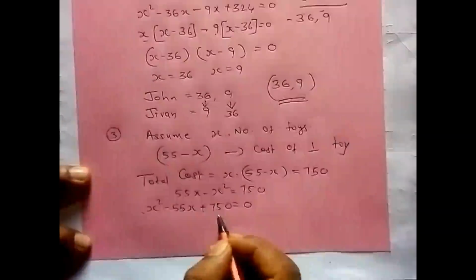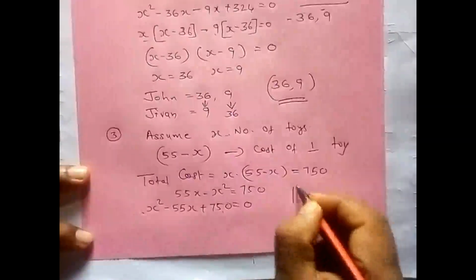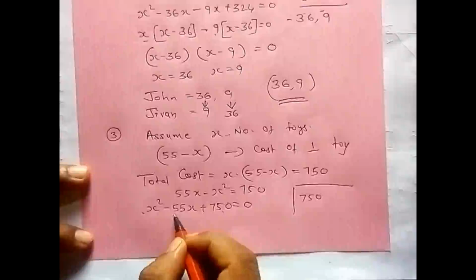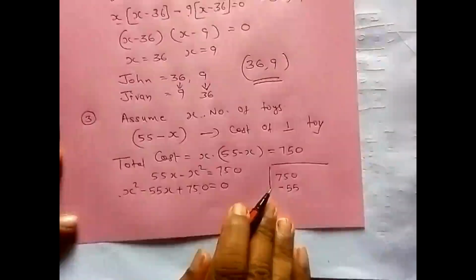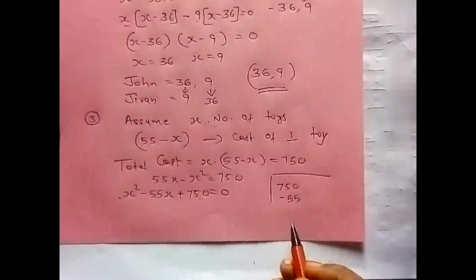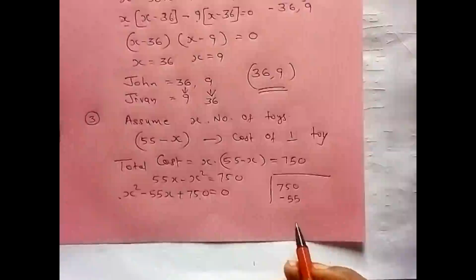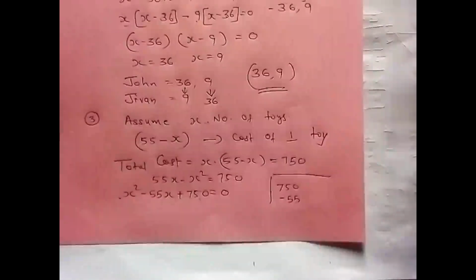Here ac is equal to 1 into 750, that is 750, and b equal to minus 55. So we have to find two numbers. Since the product is positive and the sum is negative, both the numbers should be negative. So we need two numbers whose product is 750 and sum is 55.